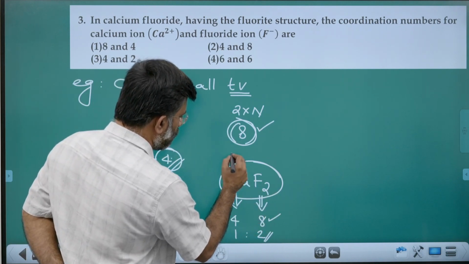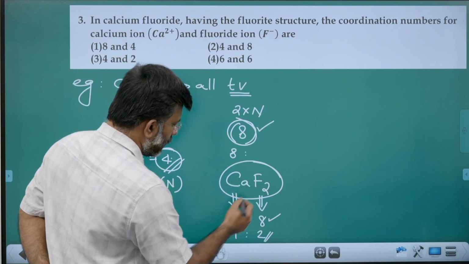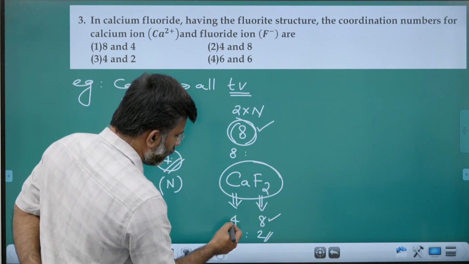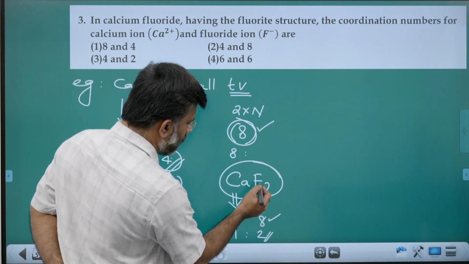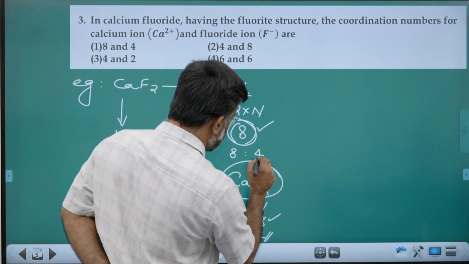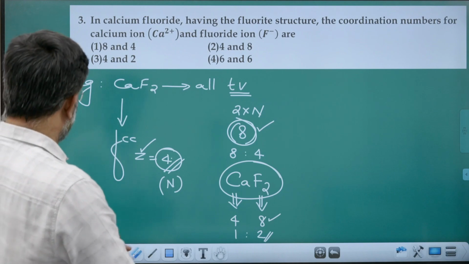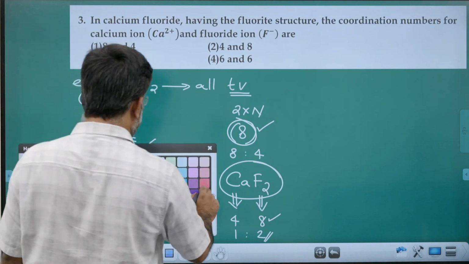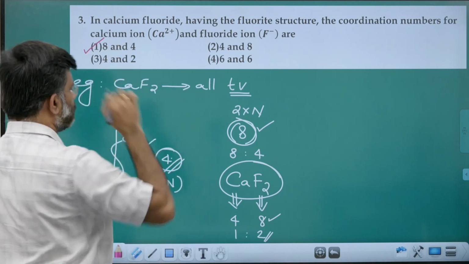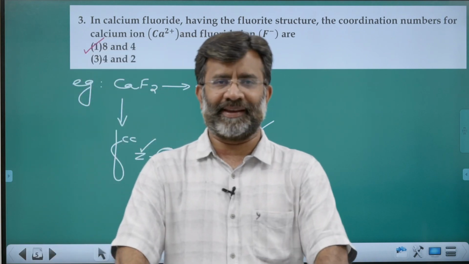So, coordination number of calcium is 8. Each fluorine surrounded by 4 calcium as it is in the tetrahedral void. So, the coordination number of fluorine is 4. And the answer is 8:4 coordination. Go for the first choice, 8-4 coordination.